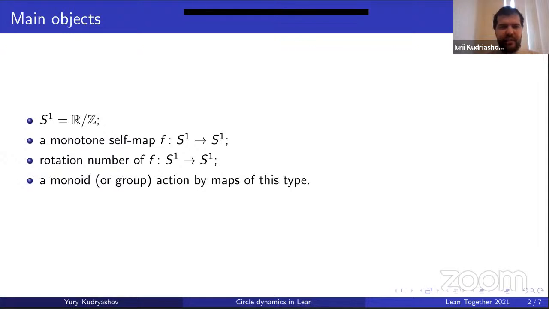And I will always assume that the map is monotone. Later we will define the rotation number of a map like that. And I will also talk a little about monoid and group actions by maps of this type.